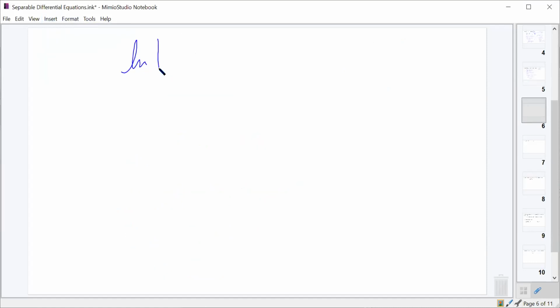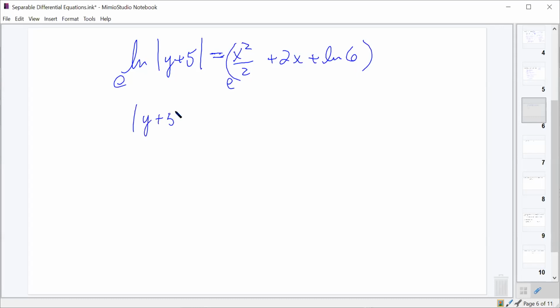So we had natural log absolute value y plus 5 equal to x squared over 2 plus 2x plus ln 6, right? And in order to solve that for y, we have to exponentiate both sides, which on the left gives us absolute value y plus 5.